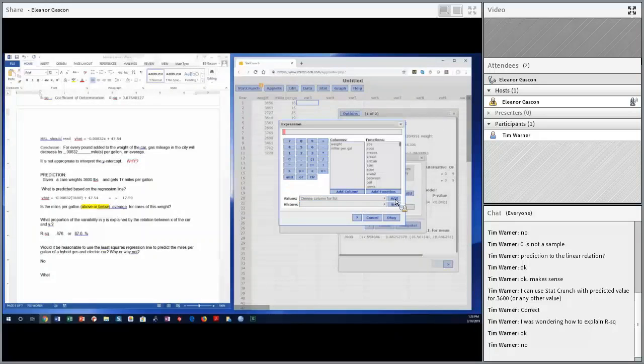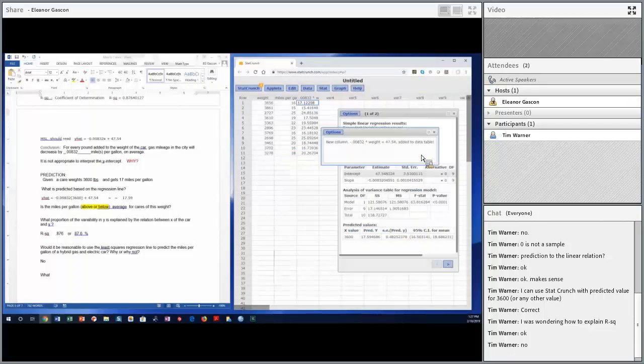My expression is going to be negative 0.00832 times weight, plus 47.54.